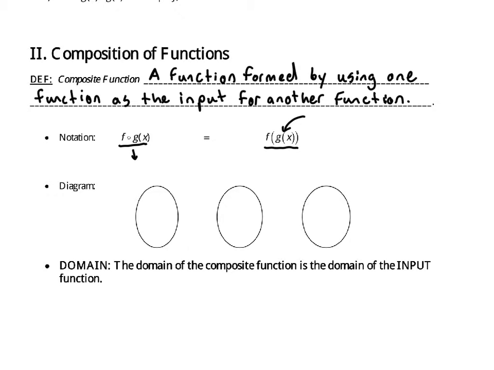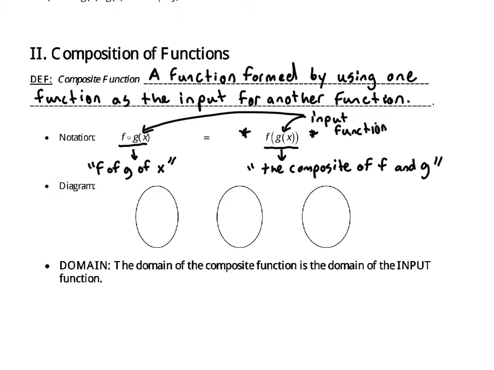Notice the g of x is the input function, and that would be in both cases. So typically the one on the right is a little easier for students to understand this input idea. You pronounce each of these symbols accordingly. The one on the left we would say f of g of x, and the one on the right we could say the composite of f and g.